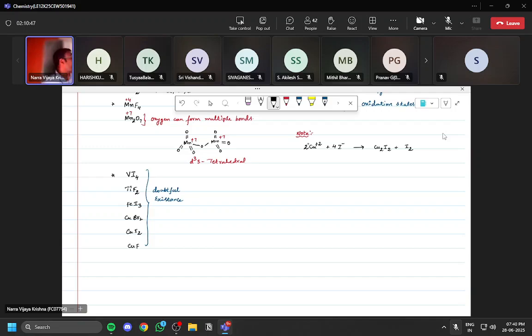So in case of iodide, copper prefers to exist as +1. Right? Instead of iodide, if I take water or fluorine or chlorine, then it prefers to exist as +2. Right? Observe the same statement.